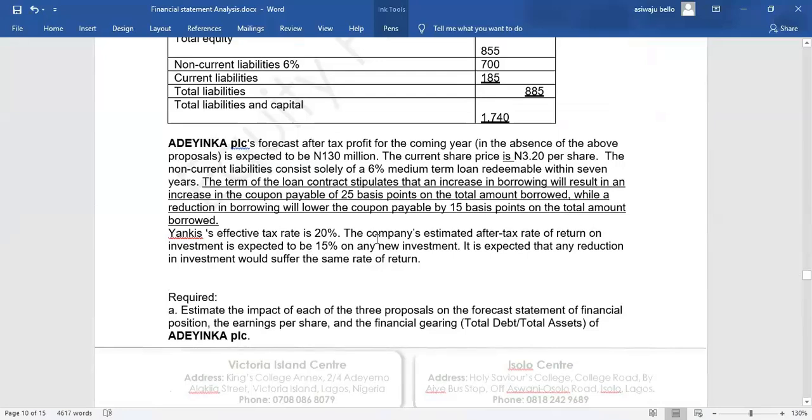The company's estimated after-tax rate of return on new investments is expected to be 15% on any new investment. By investing more in additional non-current assets, that means we are making new investment of 100 million. And we expect that we are going to get a return after tax. That return is 15% of our investment. Please, let's go and get the return.